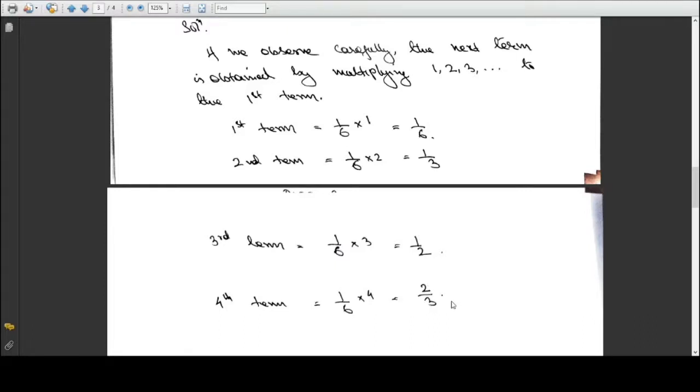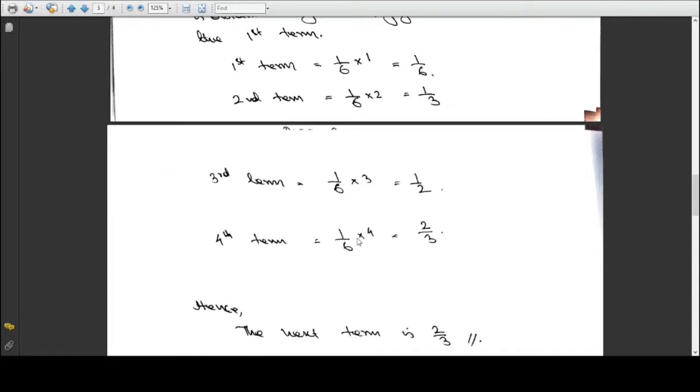Now the sequence will go on increasing in this way, multiplying by 1, multiplying by 2, multiplying by 3, multiplying by 4, multiplying by 5, and so on. This sequence is moving by the progression of multiplying 1 by 6 to the first, second, third, fourth, fifth, like that.